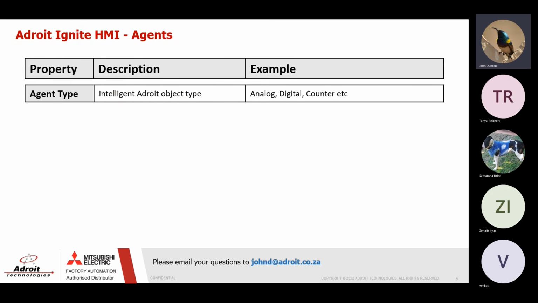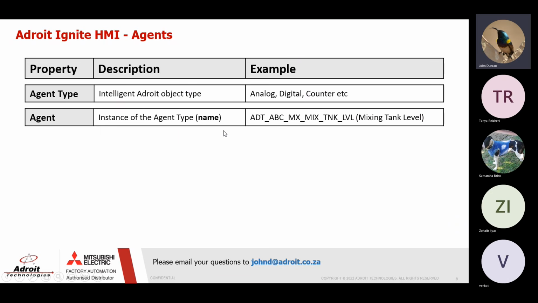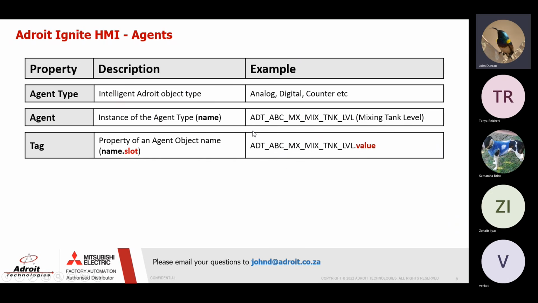So what is an agent? As I said, you get different types of agents. We get analog, digital, we get counters. An instance is an actual, let's say, the mixing level. So you would give it a name, and it would be associated with either a digital or an analog. And then the intelligence behind it, when it becomes a tag, is the name dot slot.